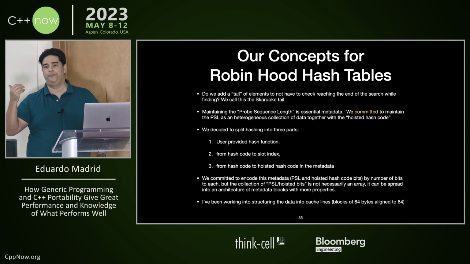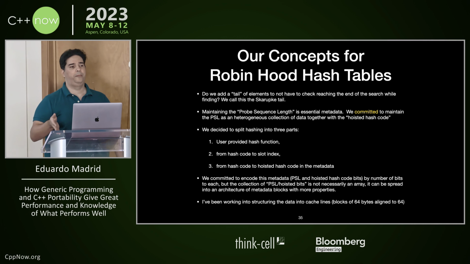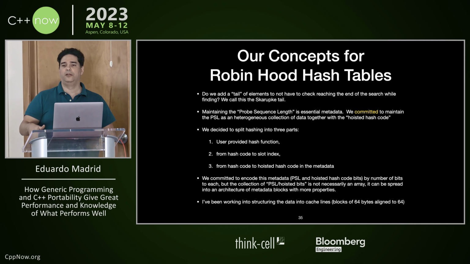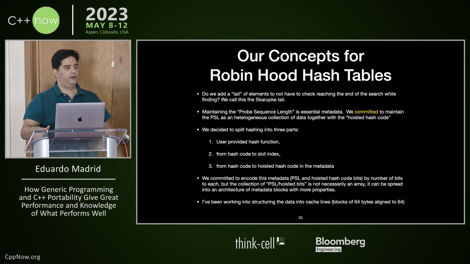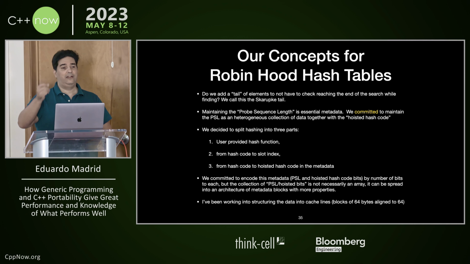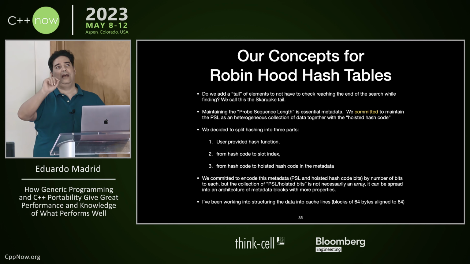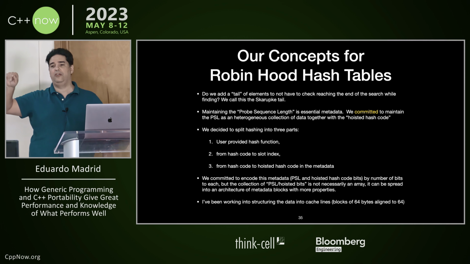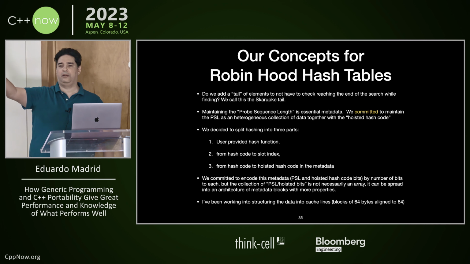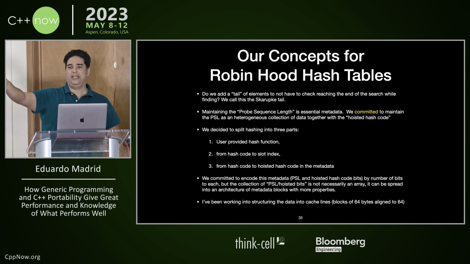Another thing is, I'd really like to mention the presentation by Michael Skarupke a few years back at CppCon, because he did a very thorough job. And one of the ideas that he introduced in his implementations was a tail of elements of a particular size, so that you don't have to check when you're doing a find that you have reached the end of the array of searching, because the tail guarantees that you're going to terminate before reaching the end.